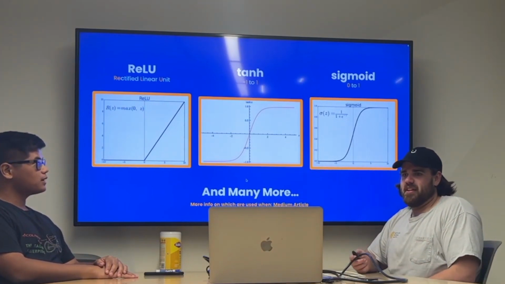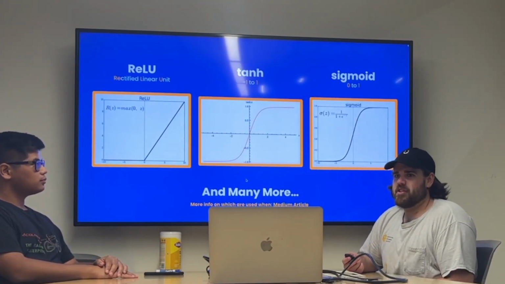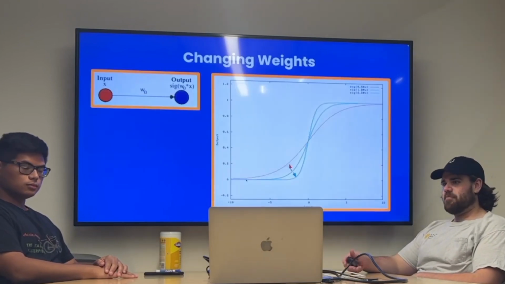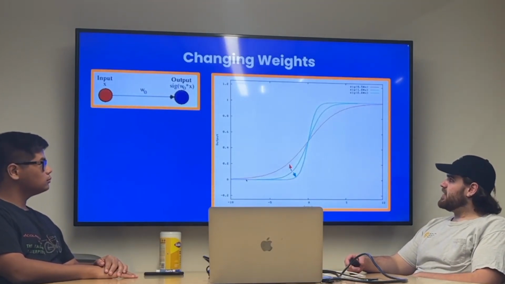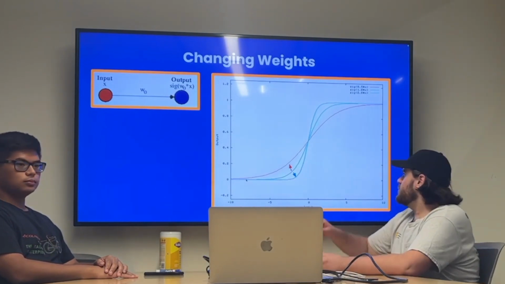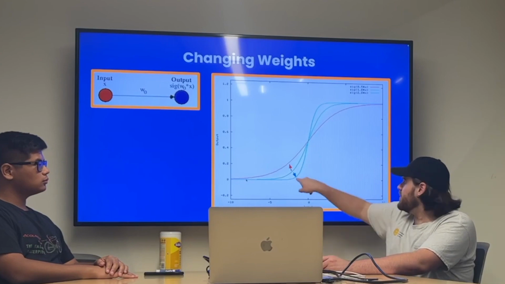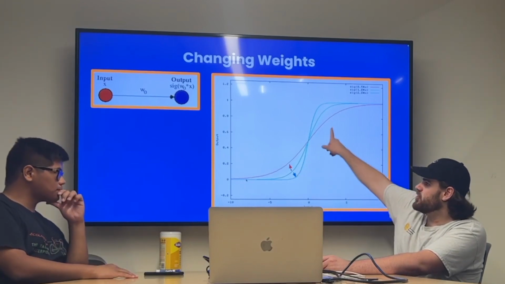You can't see it, but in the link in the description, there's a presentation, and all the links and sources are linked in there. So changing the weights. What does changing the weights do? Changing the weights makes this red function become less confident, and when you increase the weight, this blue function becomes more confident.